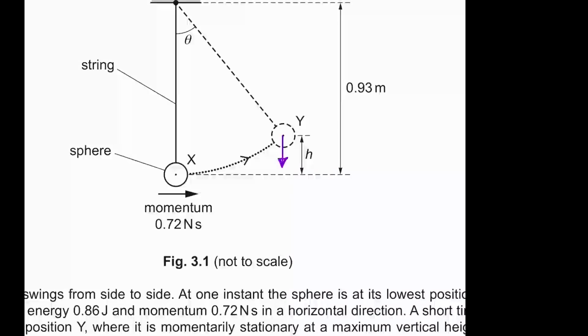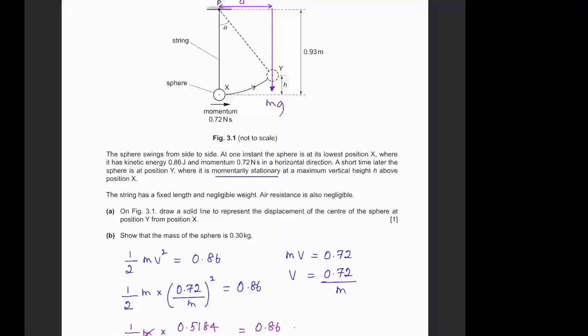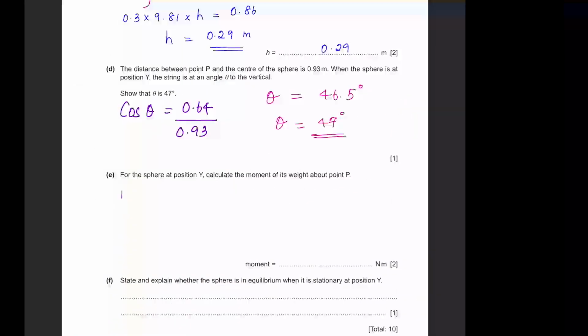And if I extend this line, the perpendicular distance from P to the weight is this much. So how much is the weight? Moment is equal to mg into d.